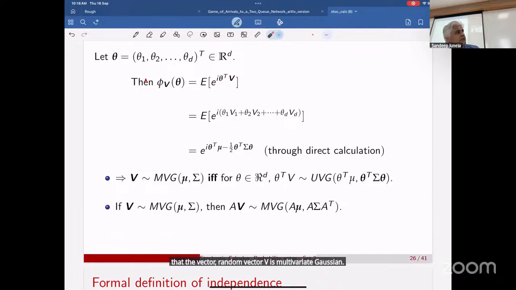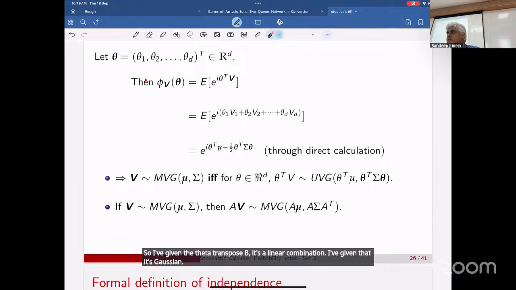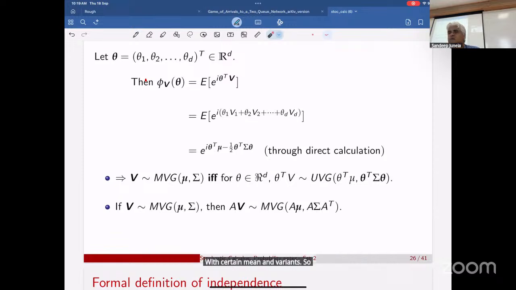Can anyone tell me? Just talk me through it. What exactly should I be looking at? I've given that theta transpose V is a linear combination, and that it's Gaussian with certain mean and variance. So now what do I do?